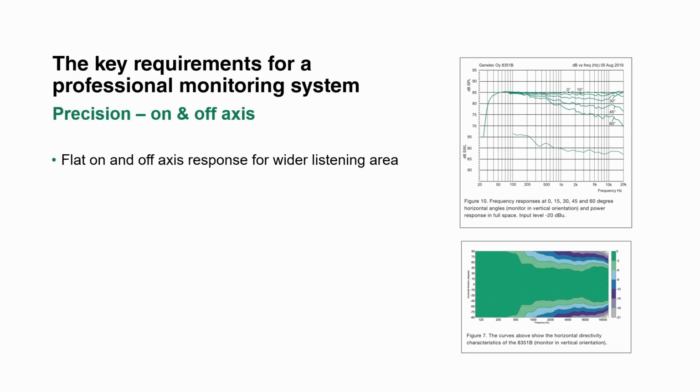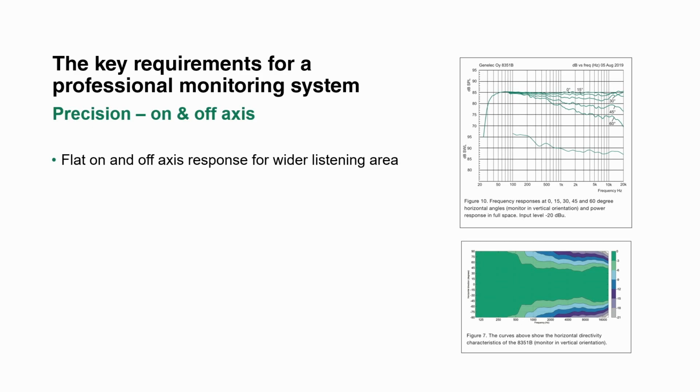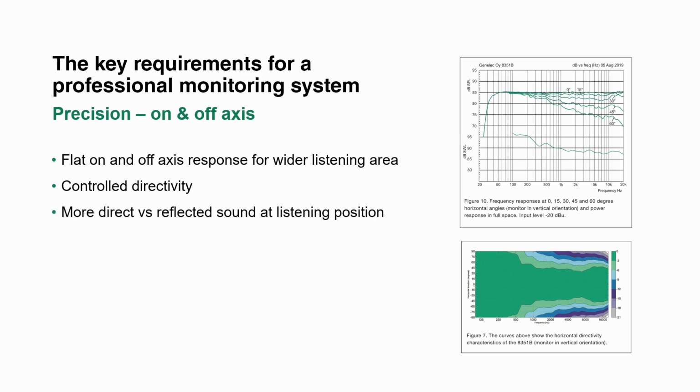When we're working with systems that don't offer a neutral response off axis, it feels like you're really shackled to the listening position, and it can be very difficult as you move off axis, because the sound character and the sound color of the system changes drastically. One way we ensure this is through controlled directivity. So we'll see a shaped waveguide on our monitors, and what we've got the ability to do is to deliver more direct sound versus reflected sound to the listening position.